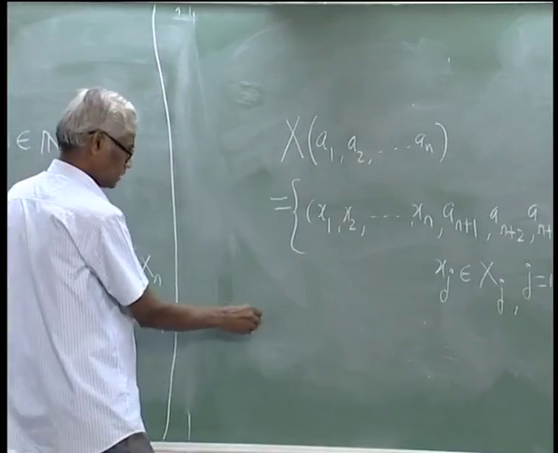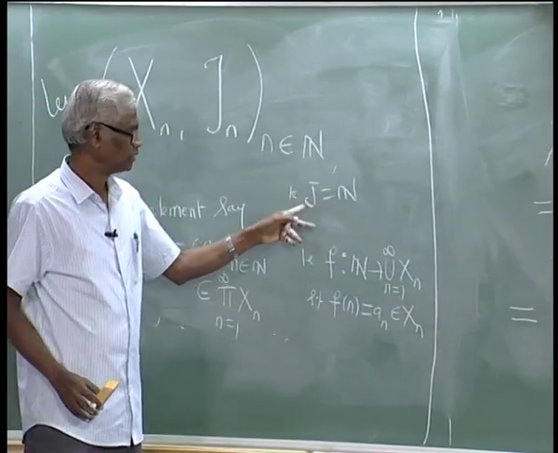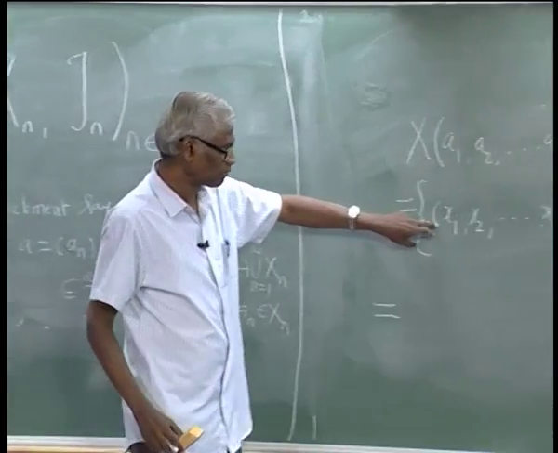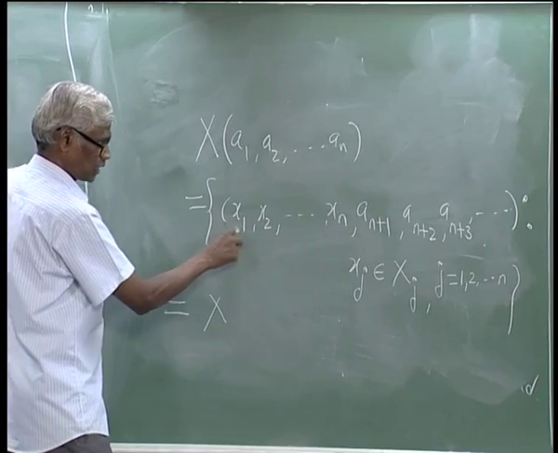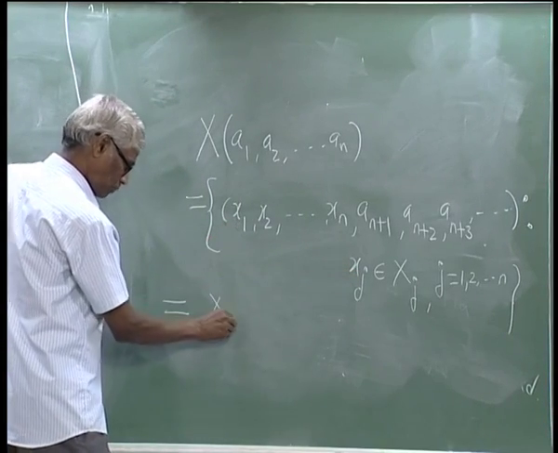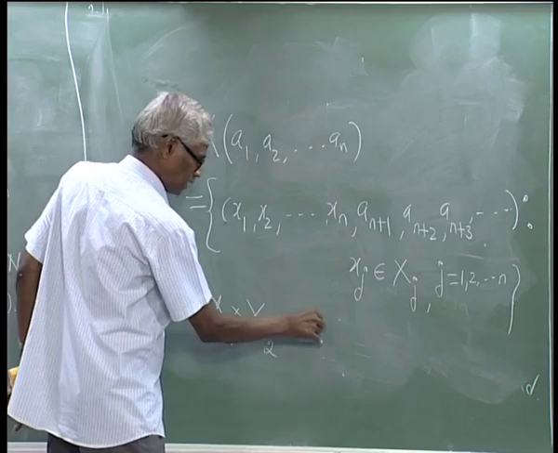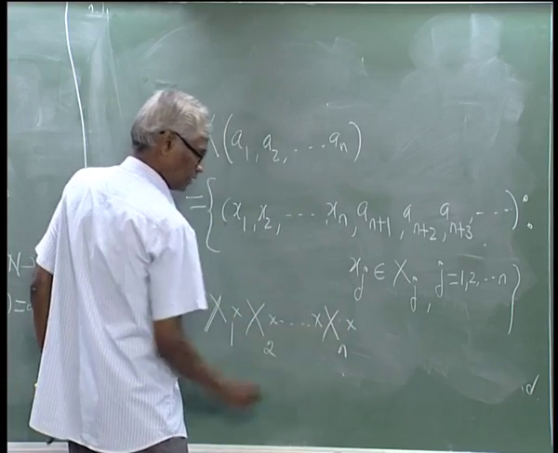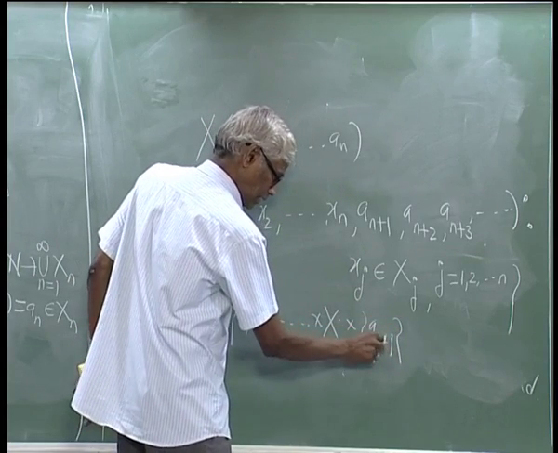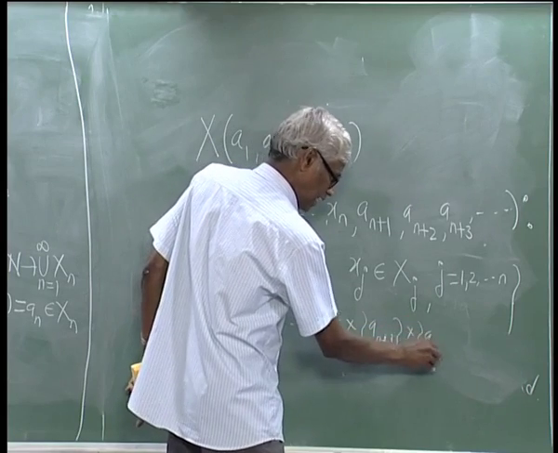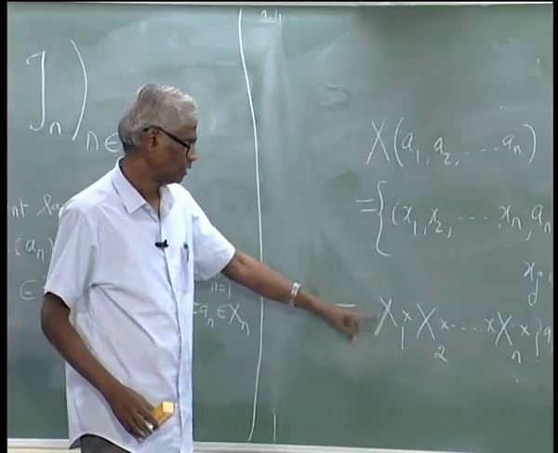In fact, this is the same as we use this notation, that means we have taken a countable index set so that it is easy to understand. So, this is the same as capital X_1, small x_1 varying over capital X_1, cross capital X_2, cross capital X_n, then cross singleton a_{n+1}, cross singleton a_{n+2}, cross etc. This is our space.